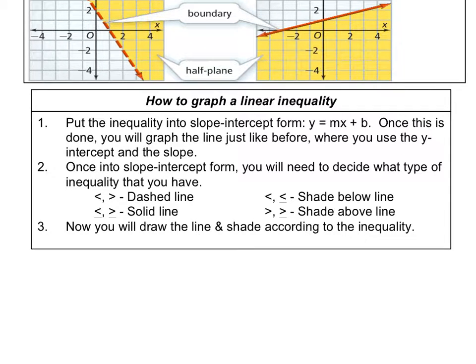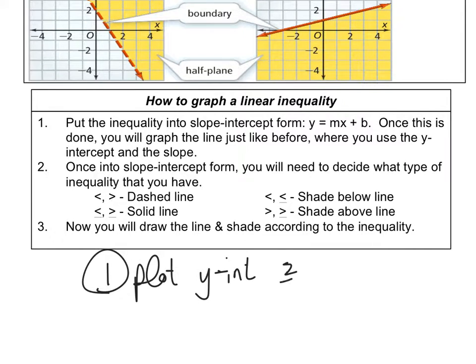So the very first thing you're going to do is plot the y-intercept, and then from that y-intercept you use the slope, in this case rise over run, to figure out your second point. Up, down, over, left, and right. So you use that slope to figure out your second point.